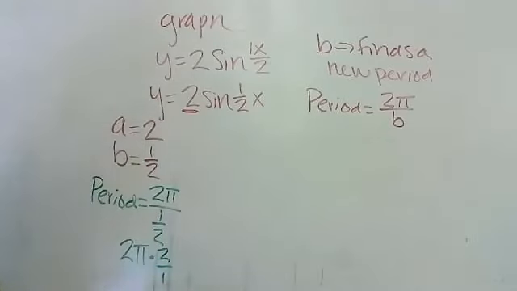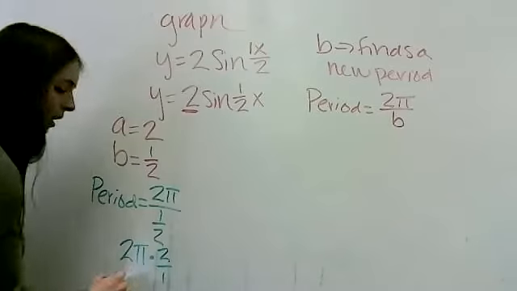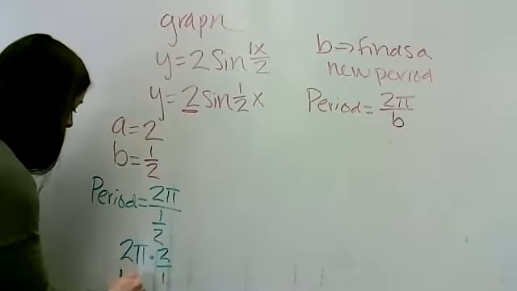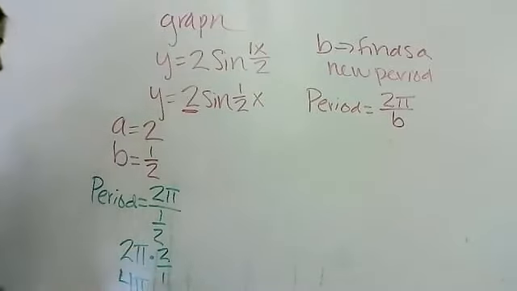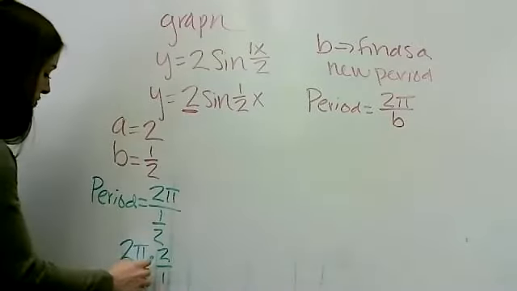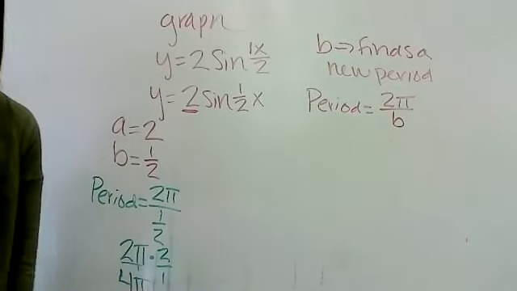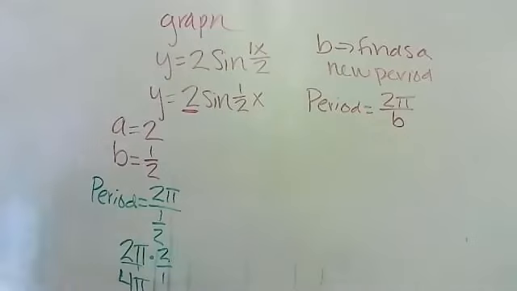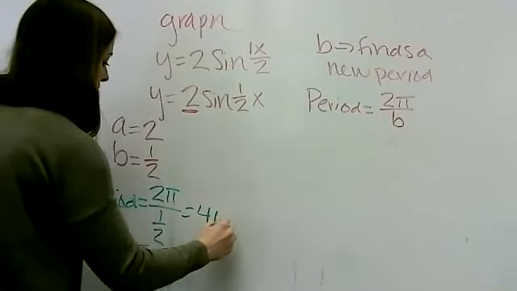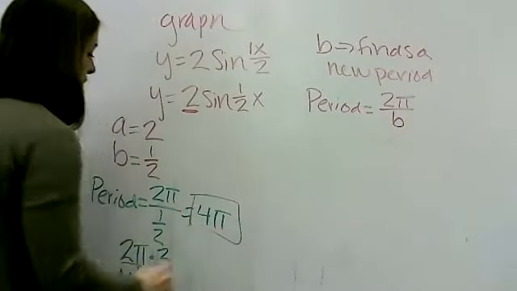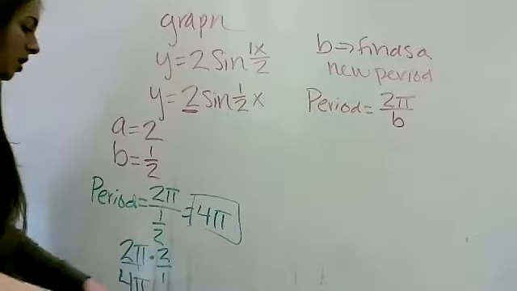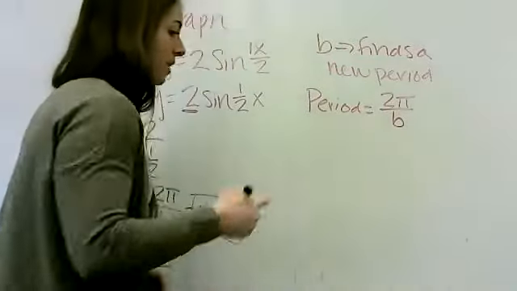So 2 pi times 2 over 1 is 4 pi, right? Because we multiply straight across. It's like putting a 1 under 2 pi. 2 pi times 2 is 4 pi. 1 times 1 is 1. Okay, so we get a new period of 4 pi.